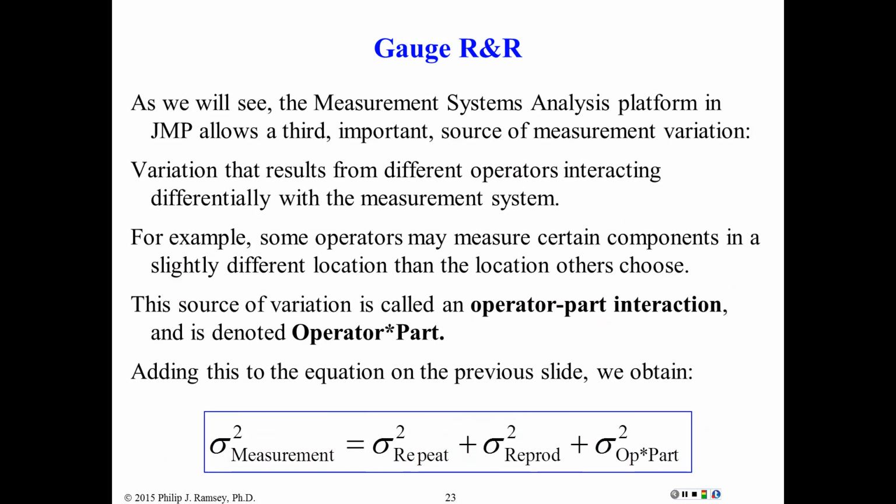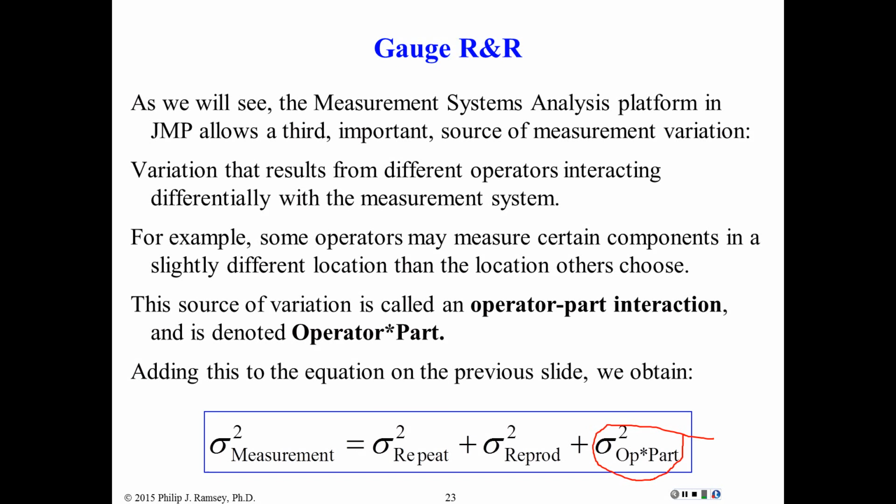But in recent years, and I say recent, over the last 20, 25 years, they've brought into the mix another potential source of random variation, and this is sometimes called operator by part or unit variation. That is, different operators or technicians measure the units differently.